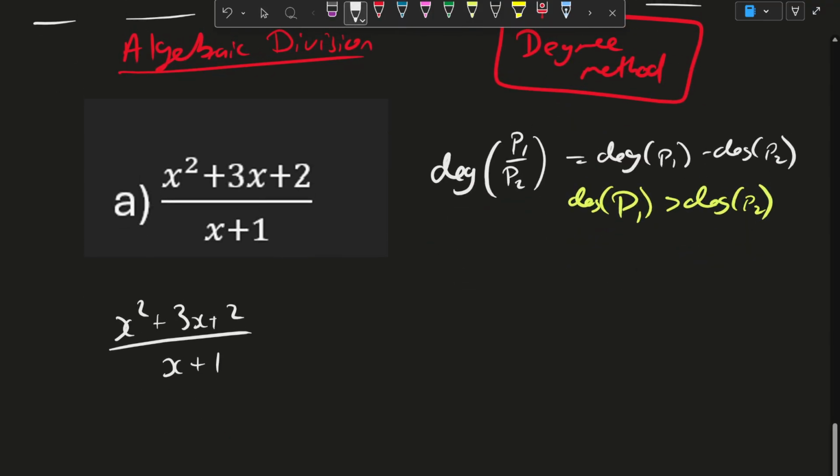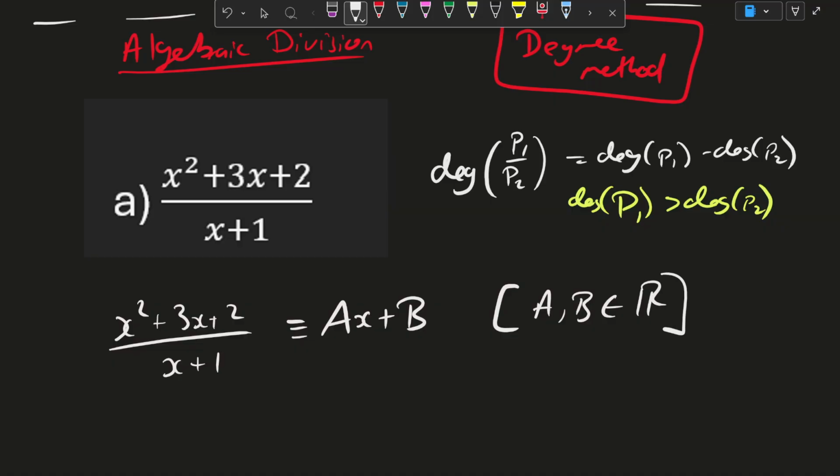So in how we do this, we have a degree 2 on the top and a degree 1 on the bottom. So we're going to get some generic degree 1 polynomial occurring on this side. So in general, I'm going to write this as ax plus b, whereby a and b are just some arbitrary constants that I'm going to figure out.